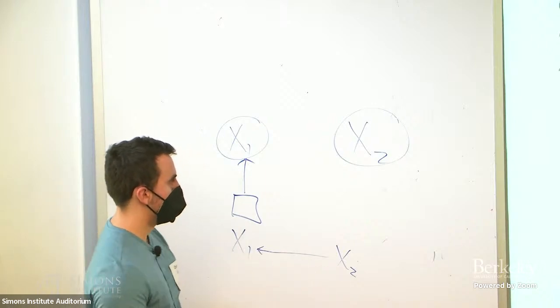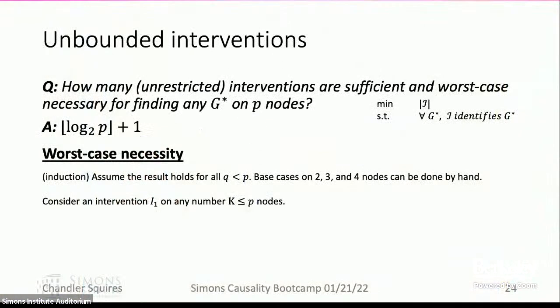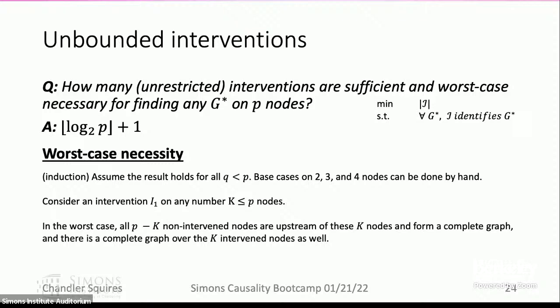And then we do an induction argument where now we have P nodes and we say, okay, our first intervention, well, these are unbounded, so it can be on any number of nodes, K in the graph. And what's the worst case that we can imagine? So we pick these K nodes without knowing anything about the graph.